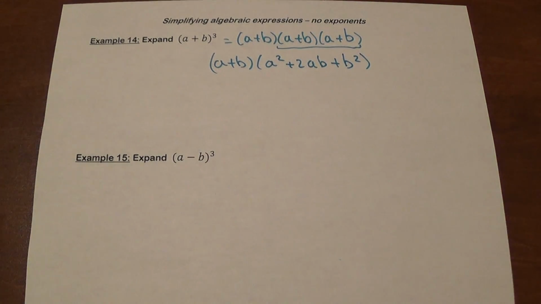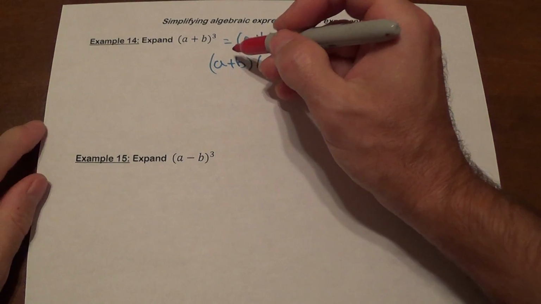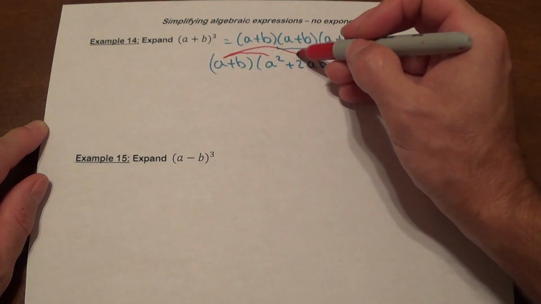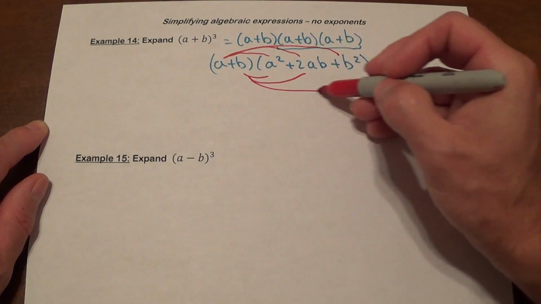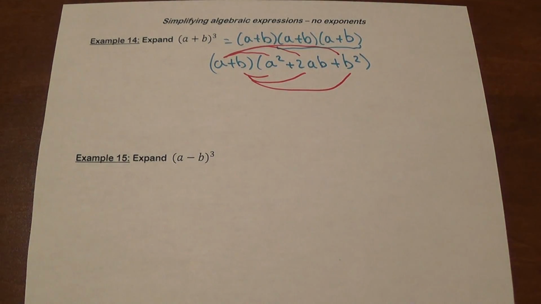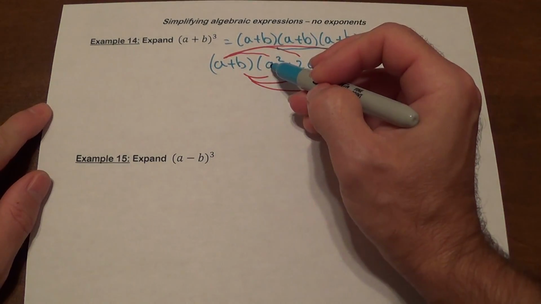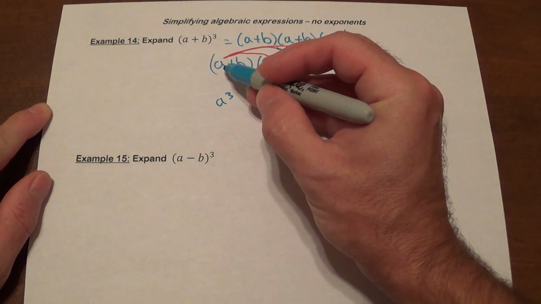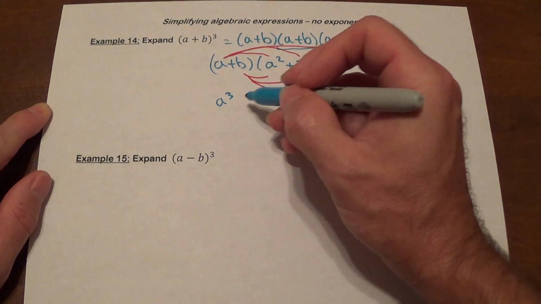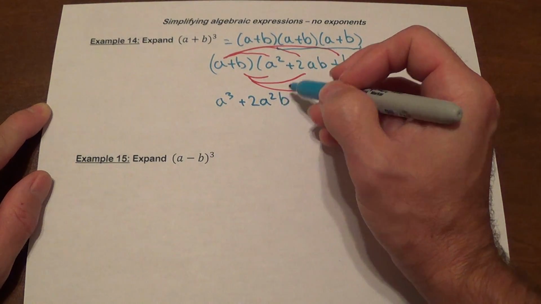So what do we do now? We multiply, it's not technically FOIL, but it's the same idea. Every term here gets multiplied by every term in the other parentheses. So what do we have? We have a times a squared. That's going to give you a cubed. A times 2ab is going to give you plus 2a squared b.